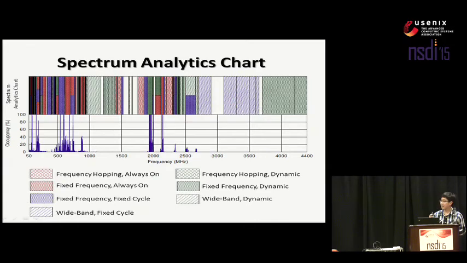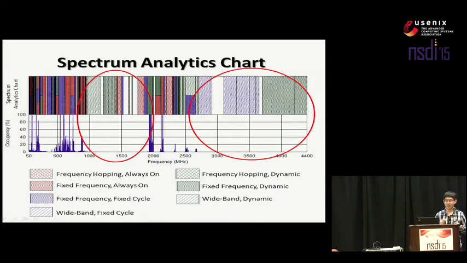More interestingly, if we compare the spectrum analytics chart with the occupancy chart, one thing we can notice is that for these chunks of spectrum, the occupancy chart is almost empty, while the analytics chart has active signals there. This goes back to what I mentioned at the start of this talk.